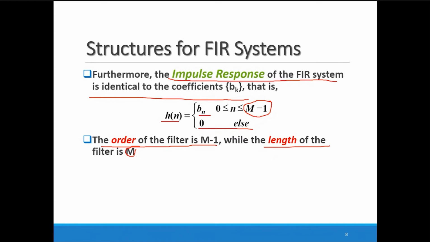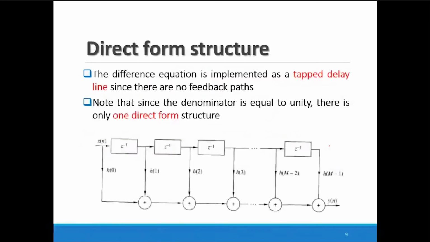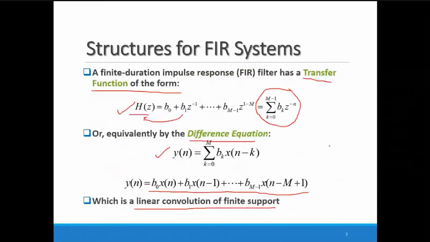Okay, so now we go for the first structure, which is very simple to implement, meaning whatever equation we have learned, we implement this equation without any modification. So H of z is equal to sigma k equals 0 to M minus 1 of b_k into z raised to minus k, and as we have seen, these b coefficients are the same as the h coefficients, so here we can write h_k into z raised to minus k.